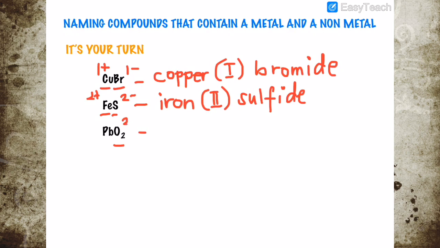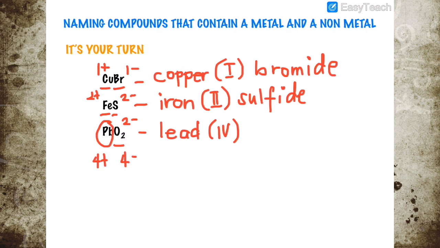Oxygen has a charge of 2 negative. Since there are 2 of the atoms, 2 negative times 2 will be 4 negative. Therefore, Pb, or lead, will be 4 positive. So the name of PbO2 will be lead, parenthesis, 4, and then oxygen will be oxide.